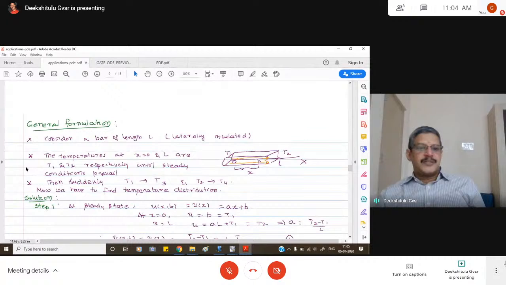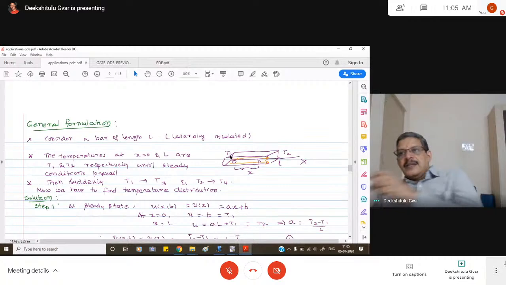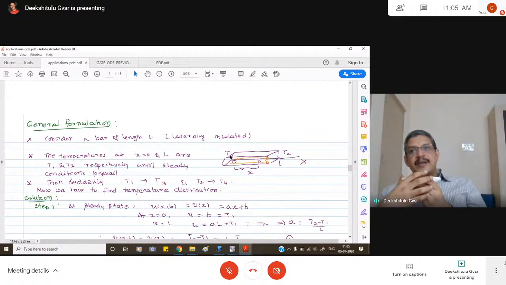So, general formulation. Consider a bar of length L, laterally insulated. The temperature at x = 0 and x = L, that means these two end surfaces, are maintained at T1 and T2 respectively until steady state conditions prevail.